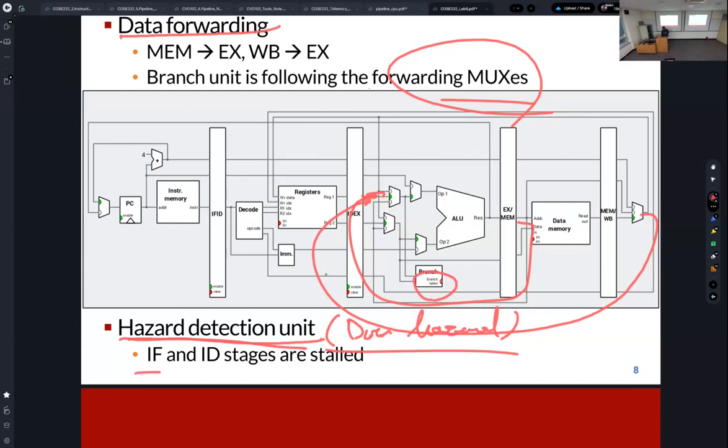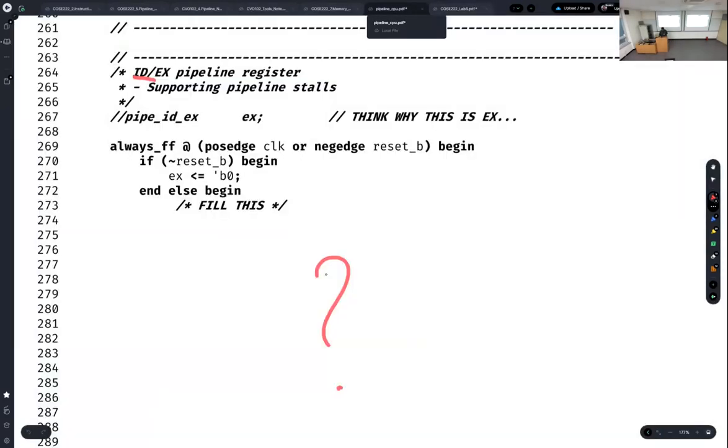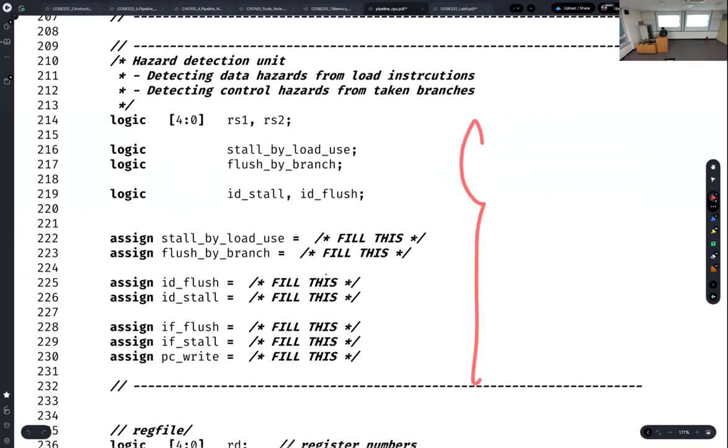Then the instruction fetch and ID stages are stalled. Okay, so you need to also implement this part, the data hazard detection. Okay, so if you see the skeleton code, you can find that this is the hazard.